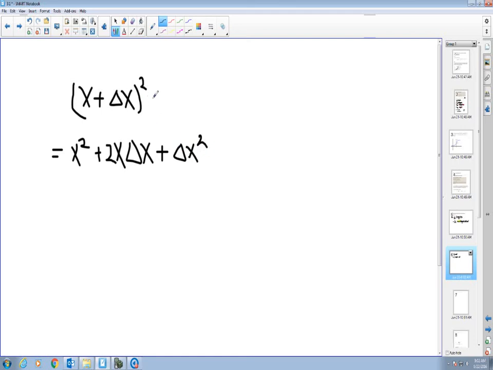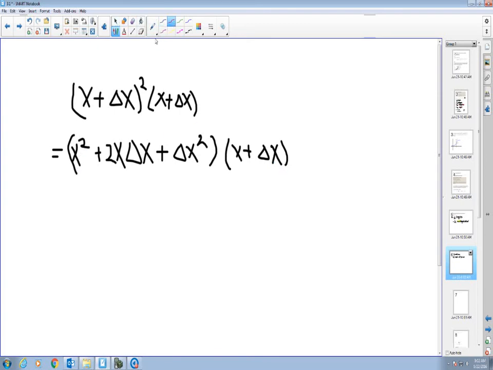Alright, so if I've got a third power, that means I've got to multiply by another x plus delta of x. So this whole thing here will be multiplied by another x plus delta of x. Let's give that a try real quick.